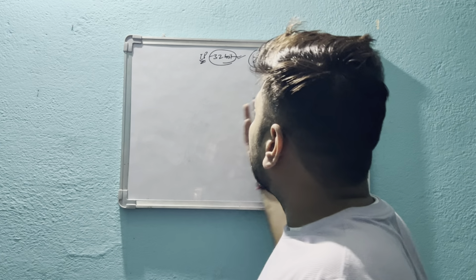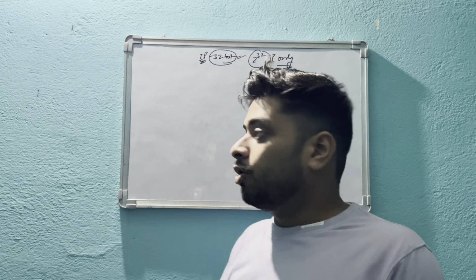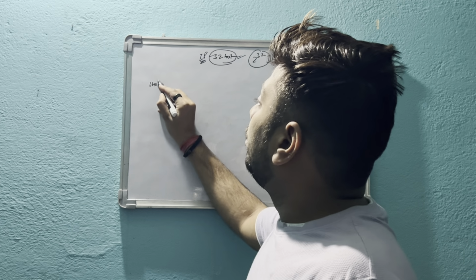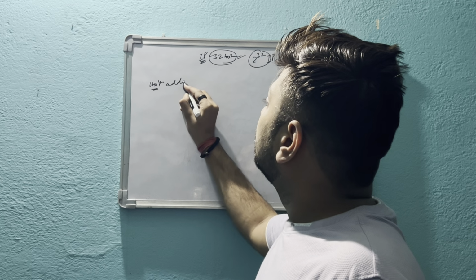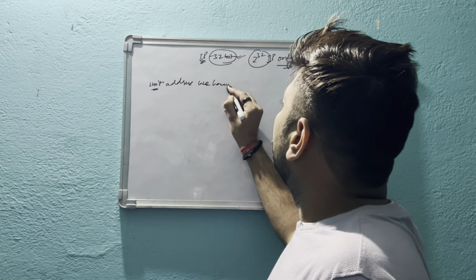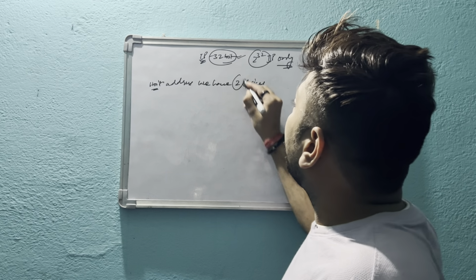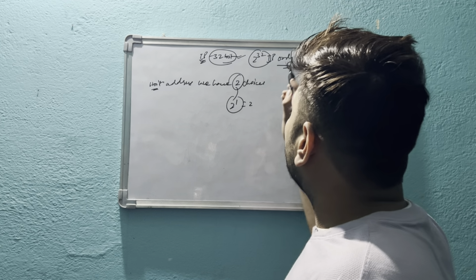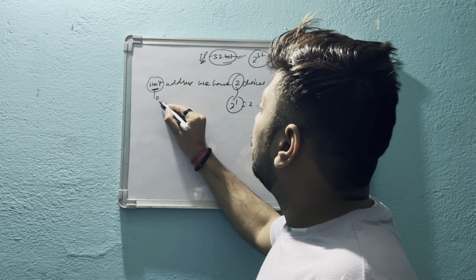It would be good if you guys have a grasp on this. With 1 bit of address we have 2 choices. And how come we have 2 choices? That is 2 to the power 1, which equals 2. And with 1 bit the options are 0 and 1.